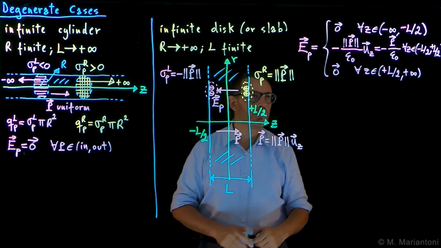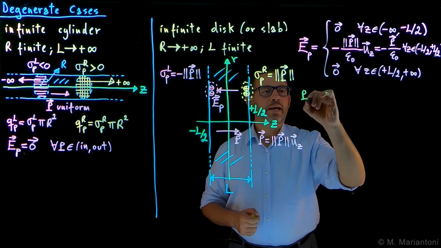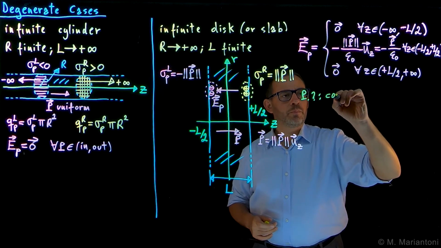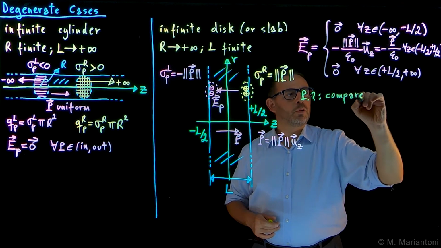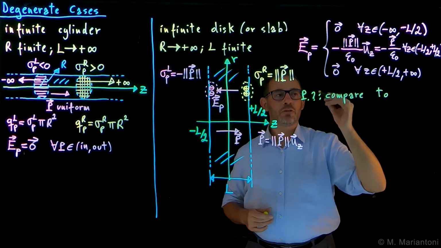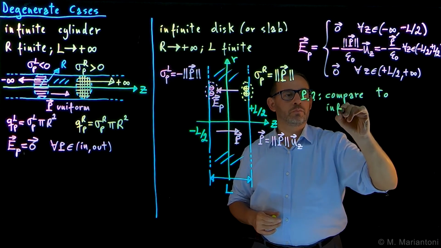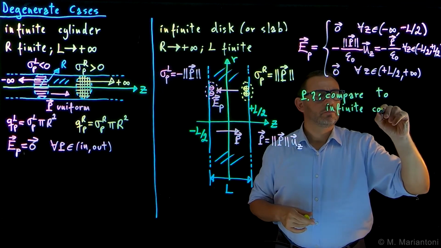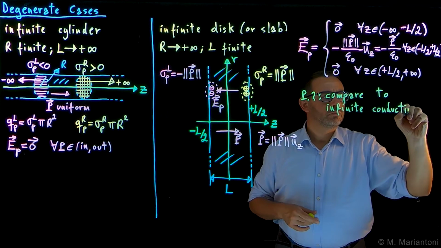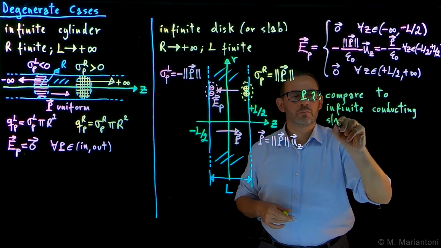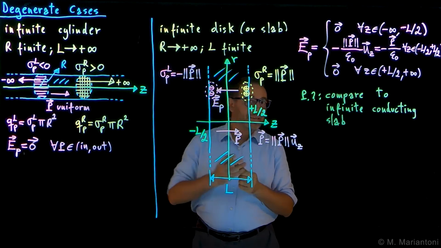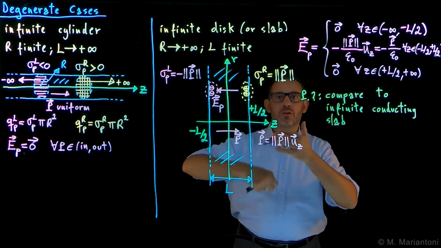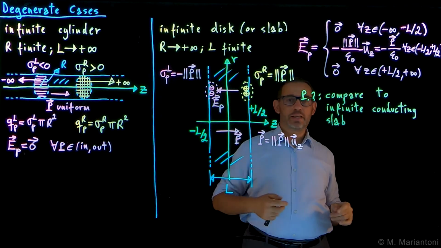Now, what I urge you to do in Piazza, I would like you to discuss the following problem in Piazza. Compare this to an infinite conducting slab made of a perfect conductor. So what happens in this case? Well, I already mentioned this in the previous video. What kind of shielding will the conductor do with respect to the field E?